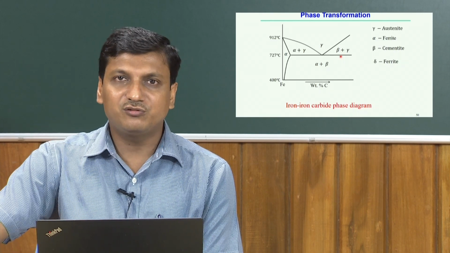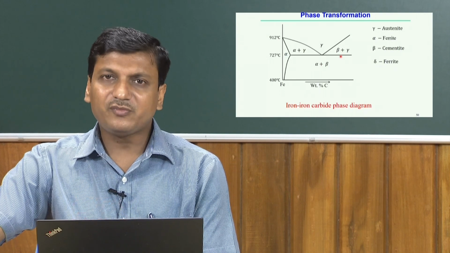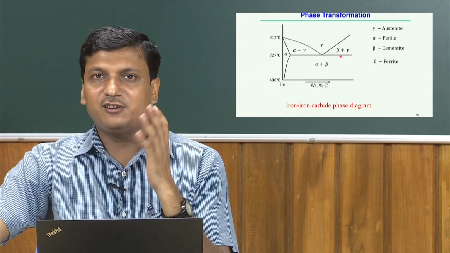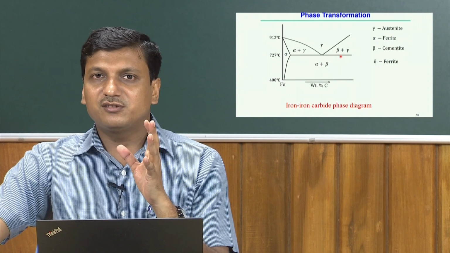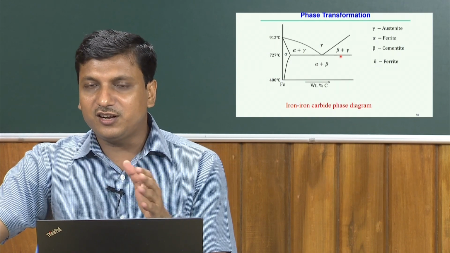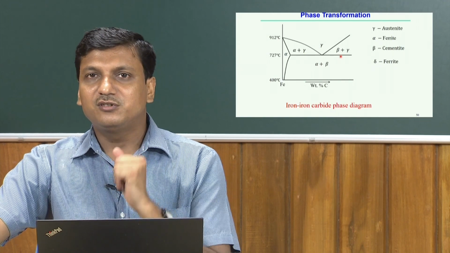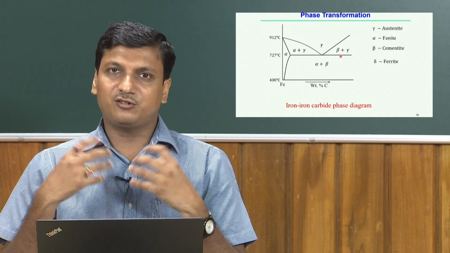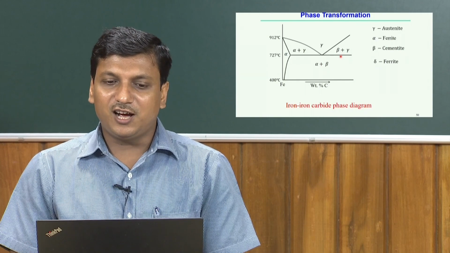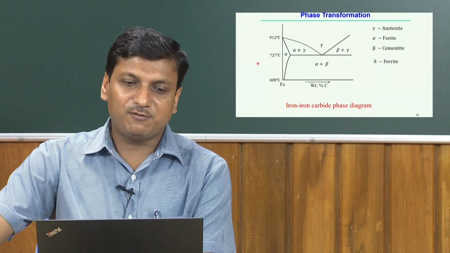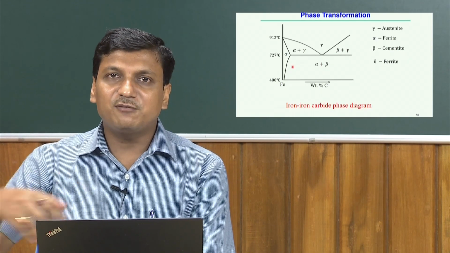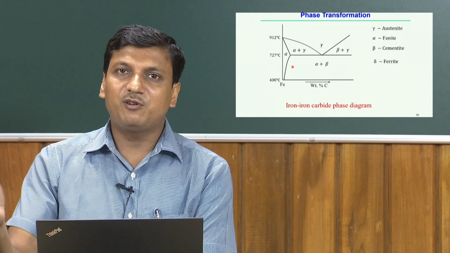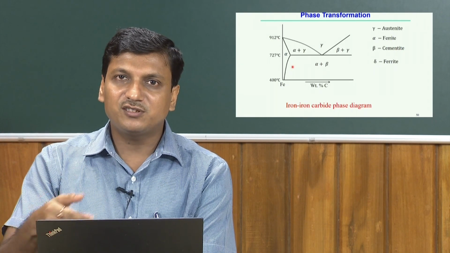So, that constitutes one single alpha phase, with the second alloying element, carbon, up to a certain percentage, and this alpha phase has some maximum amount of solubility of the second element, that means carbon here.